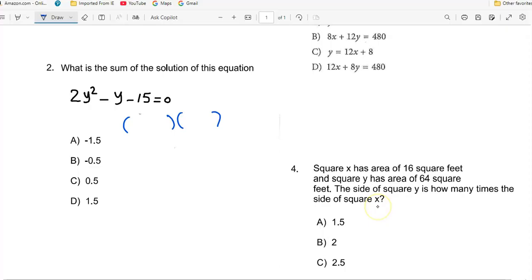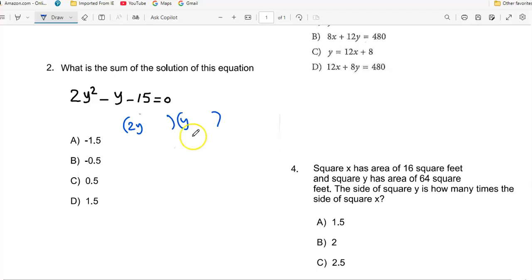So how do you factor 2y squared? 2y times y. Now let's concentrate on negative 15, and you put the factors of negative 15 here and here, but you put them in a way that when you multiply the outer and the inner, that's going to give you negative 1y. So we're going to keep trying.